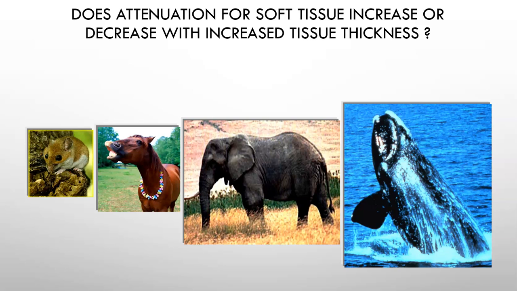Well, of course, as tissue thickness increases, attenuation also increases, so that you need more sound to image a whale than you do an elephant or a horse, and certainly much more for all of those than you do a small shrew.